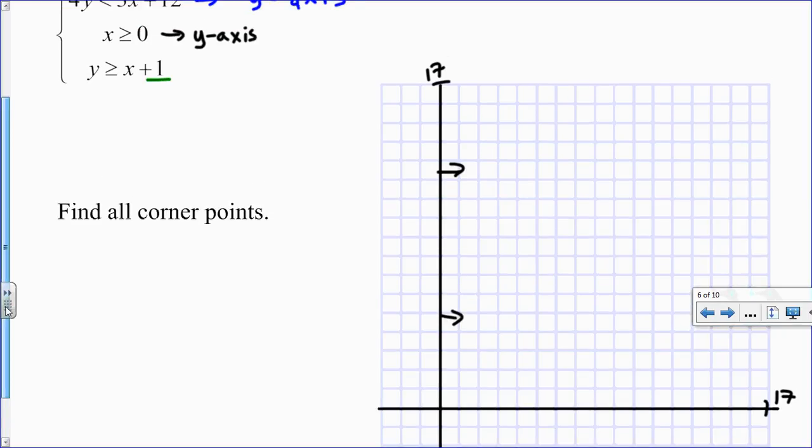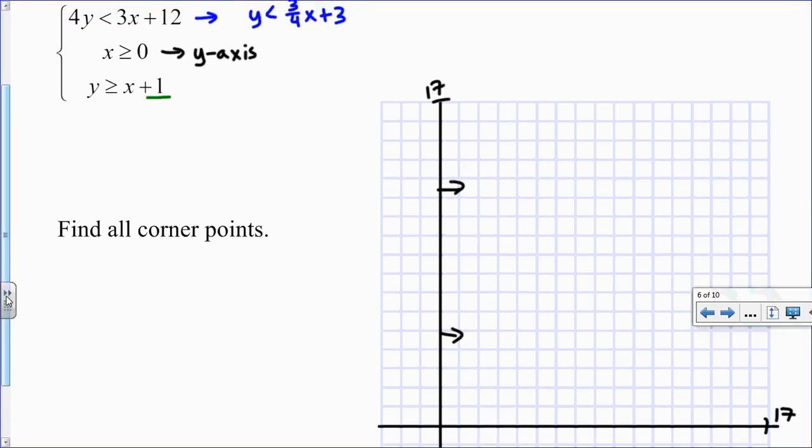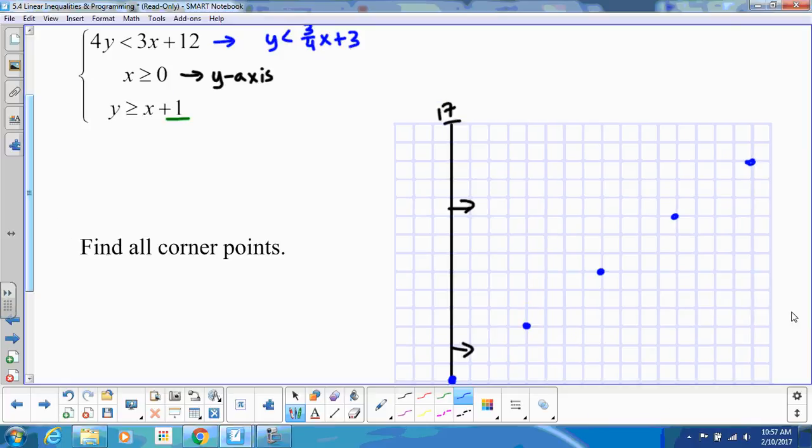If I graph my first inequality, I'm going to go up 3 to 3. And then from there, I want to go up 3 and right 4. Will this be a solid or dashed line? Dashed. Okay, good.